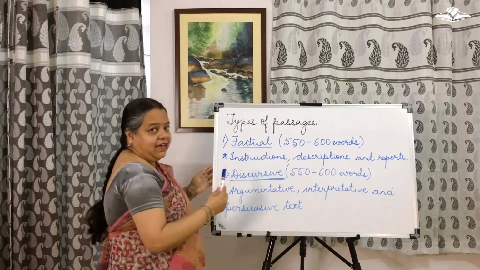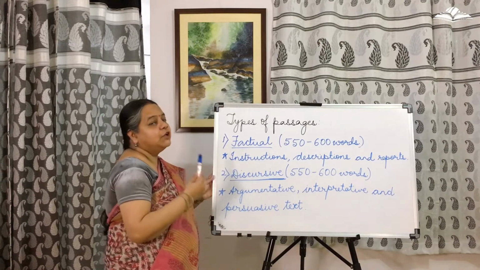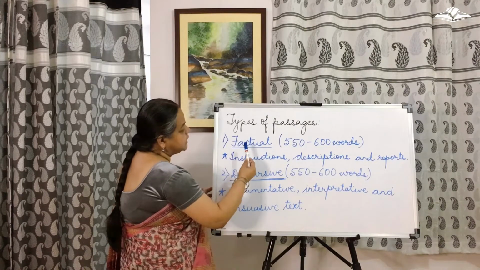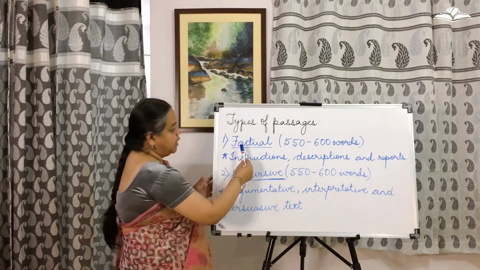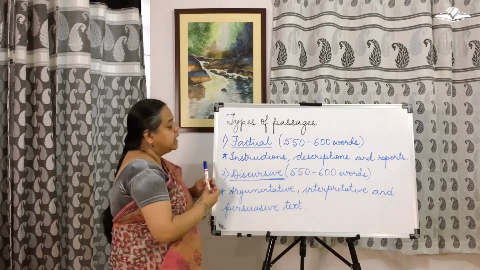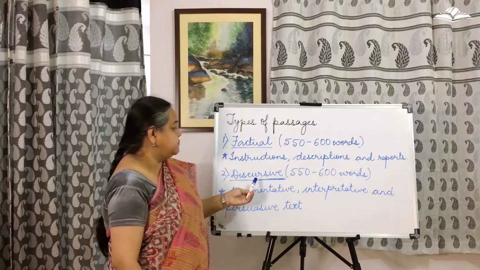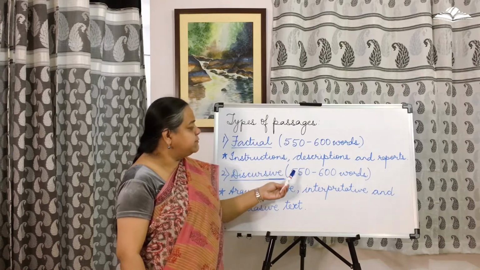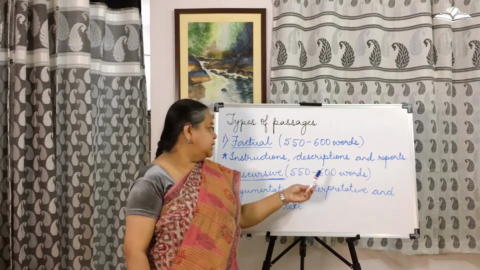In section A of your question paper, which is your reading section, you will notice children that there are mainly two types of passages. One which is factual and the other which is discursive. The factual and discursive passages both comprise approximately 550 to 600 words.